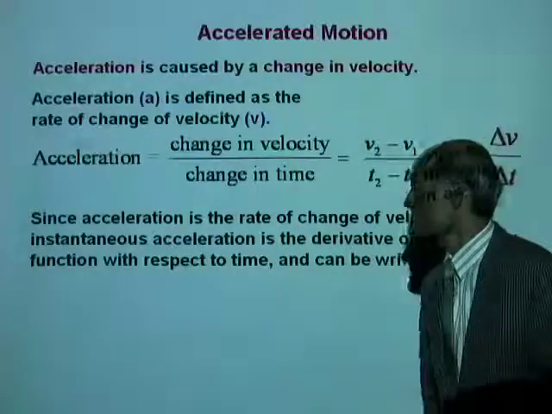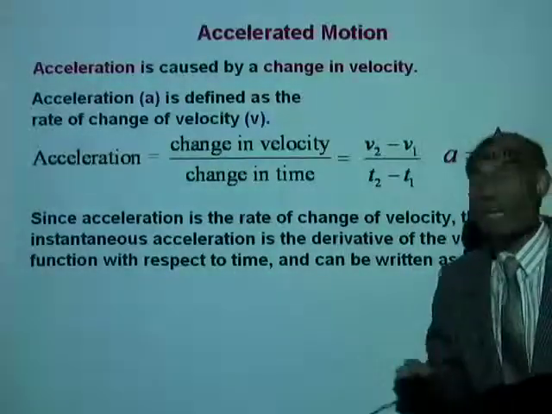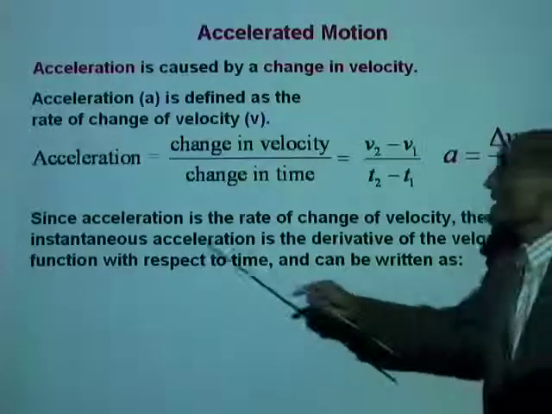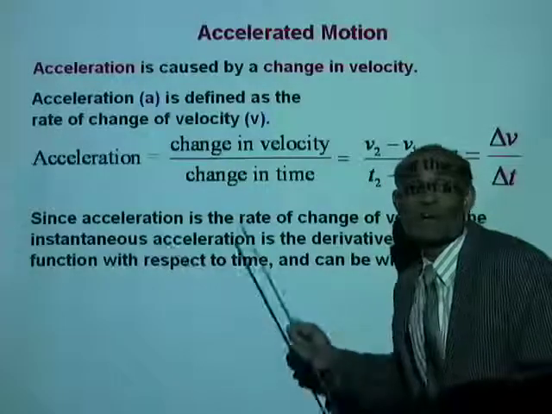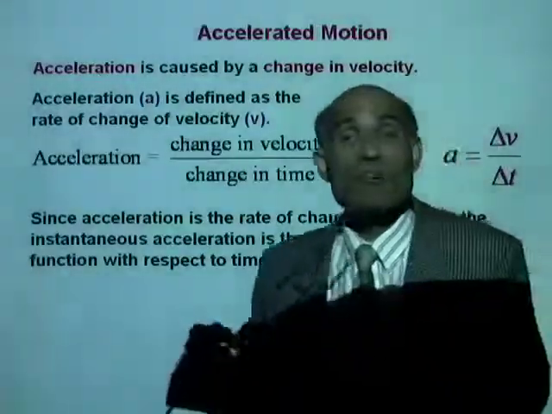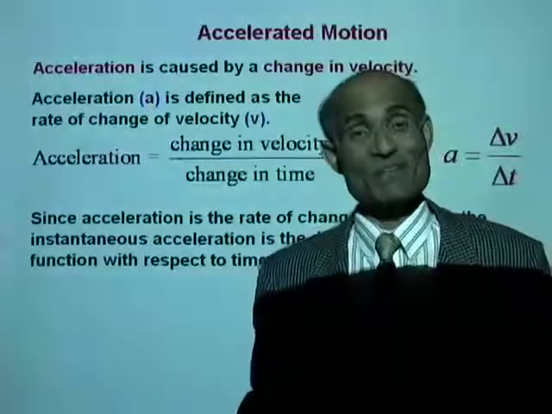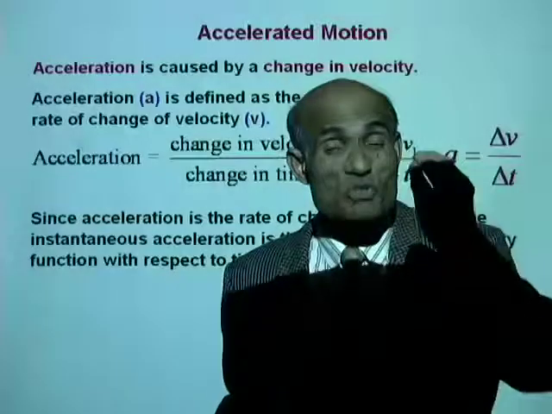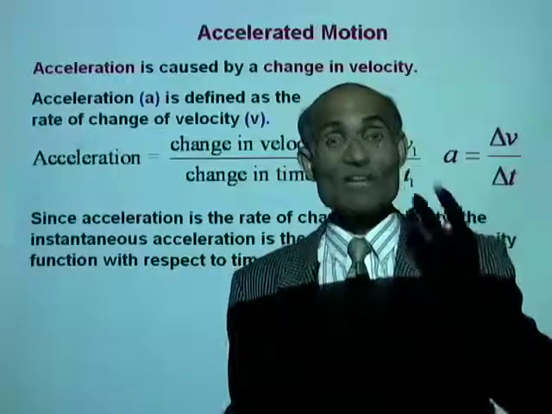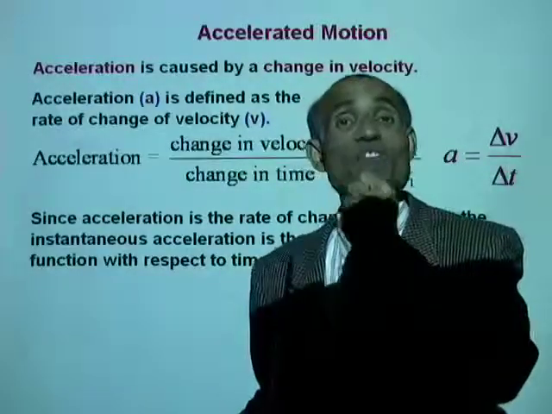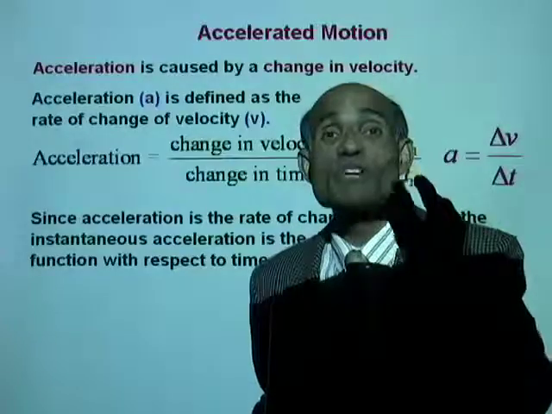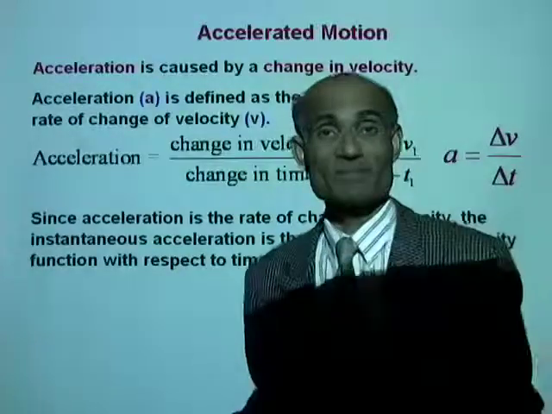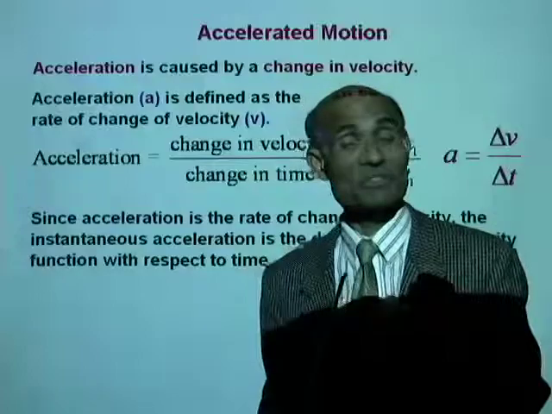Now, since acceleration is the rate of change of velocity, can you tell me how you find the instantaneous acceleration? Since acceleration is defined as the rate of change of velocity, the instantaneous acceleration is the derivative of the velocity function. Is that right? Yes.